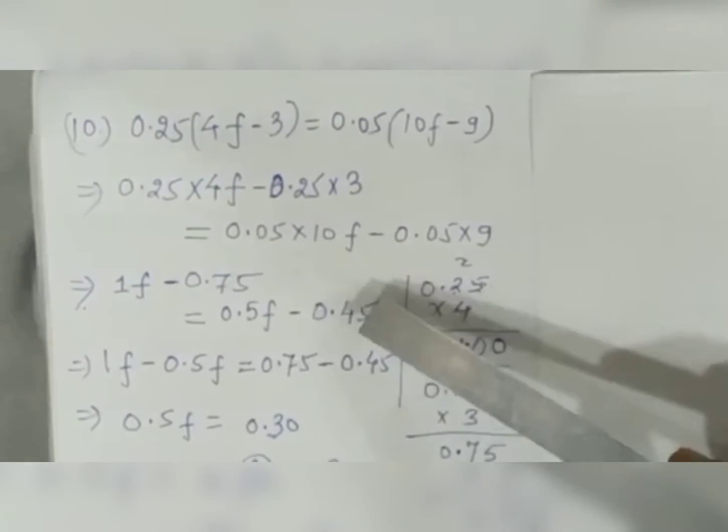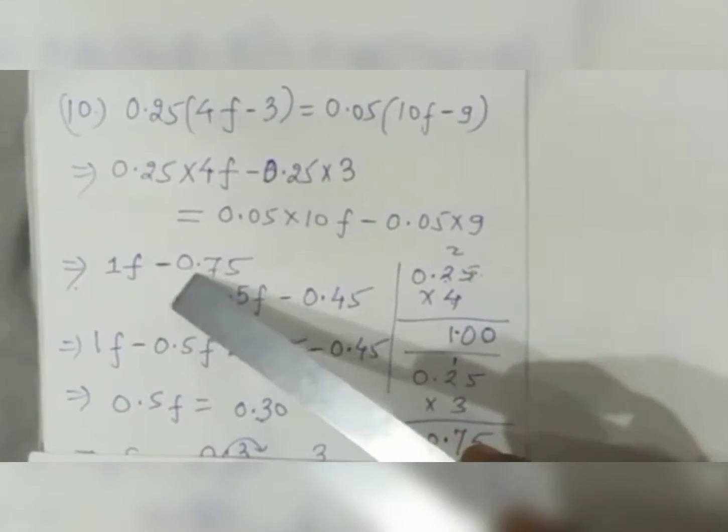Right to left, so its sign becomes negative, minus 0.5f. Copy minus 0.45. Minus 0.75 comes from left to right, the sign becomes plus, plus 0.75. Now simply subtract, variable to variable and number to number. It becomes 0.5f is equal to 0.3.